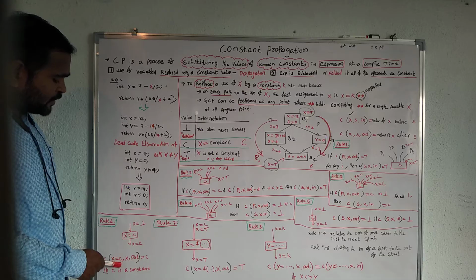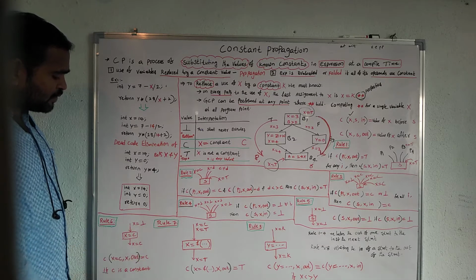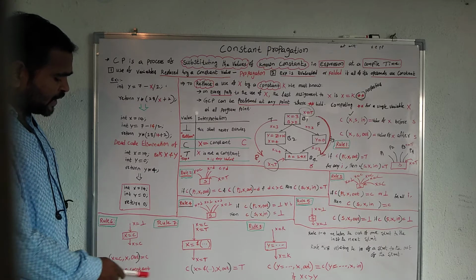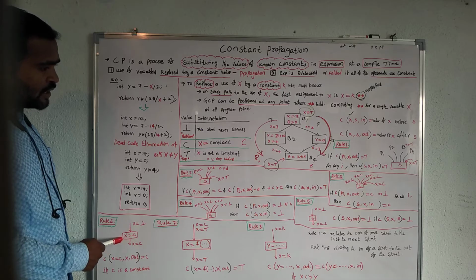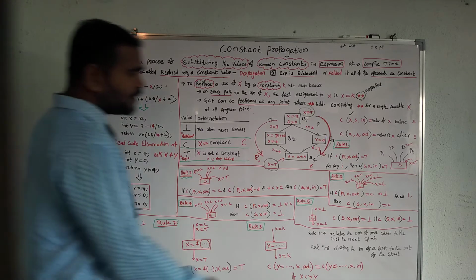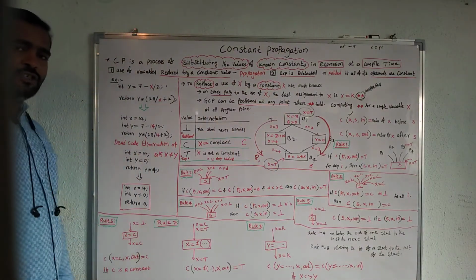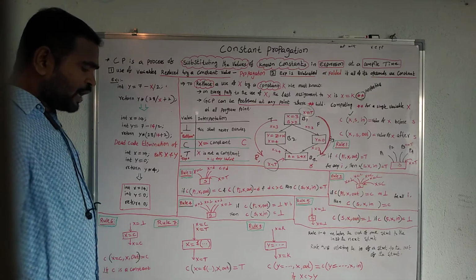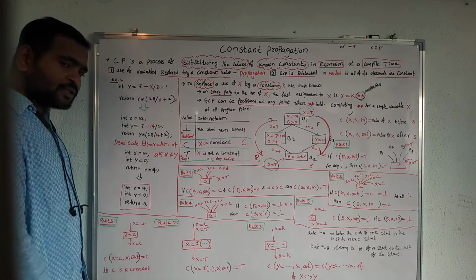The value of x after x is equal to c, you get the constant value if c is a constant. If it is not a constant, then what happened? You get the bottom value after this expression evaluation. That is rule number 6.